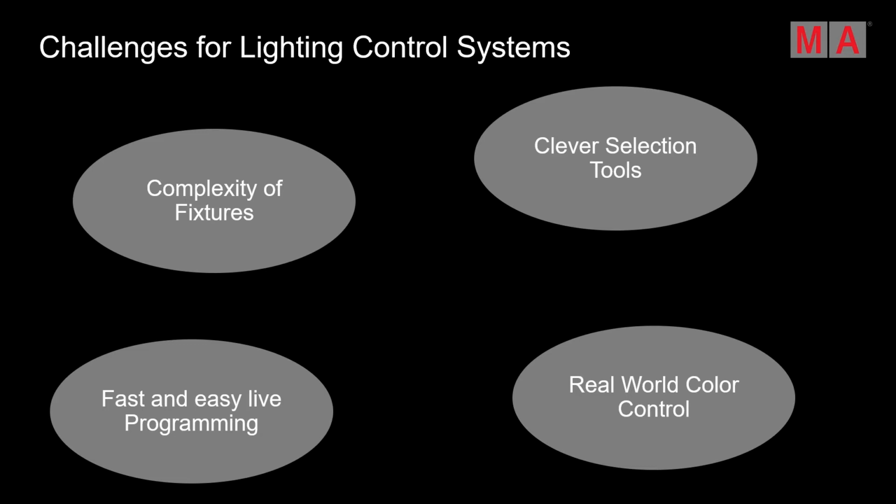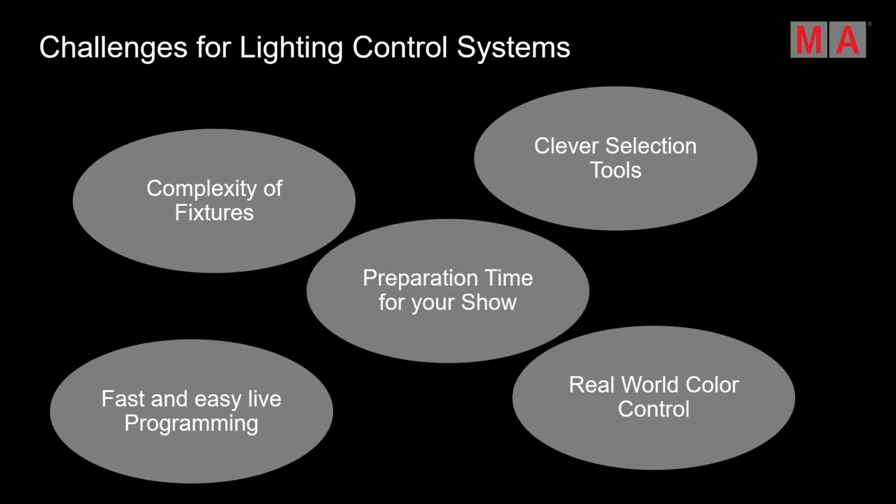And of course, last but not least, maybe one of the biggest challenges for lighting control systems is the preparation time for our show. So the times on stages and the time to pre-program our show is getting less and less. And therefore, of course, we need some tools which enable us to work faster, easier and more intuitive.